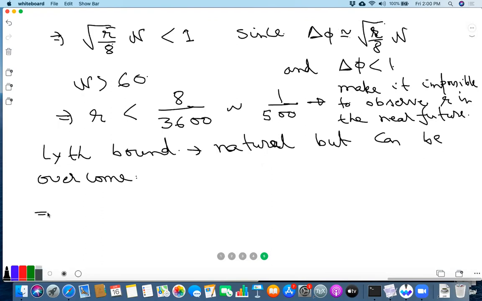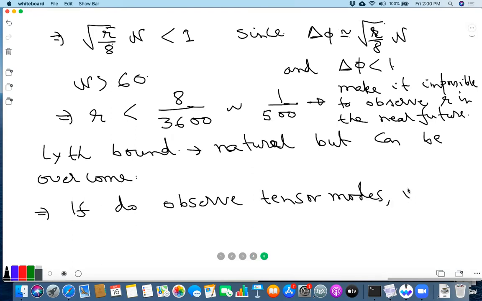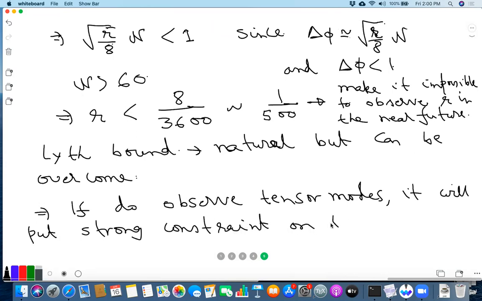So this means that if we do find a non-zero r, if we do observe tensor modes, it will put strong constraint on the kind of potential we can use for inflation.